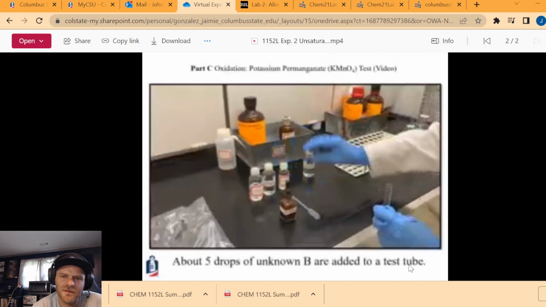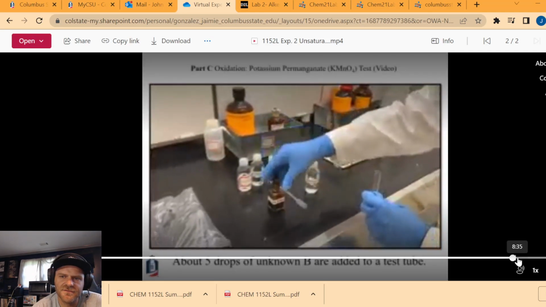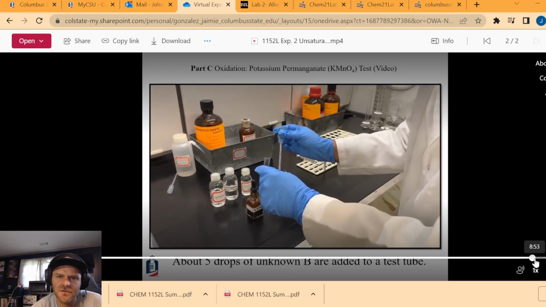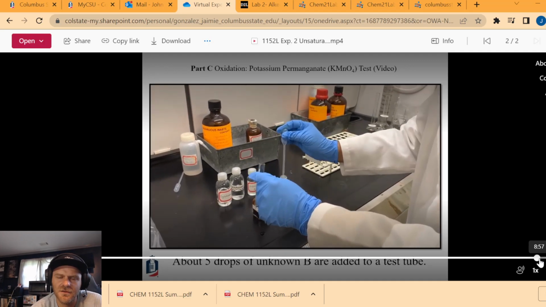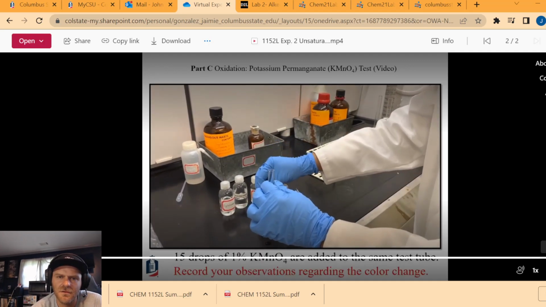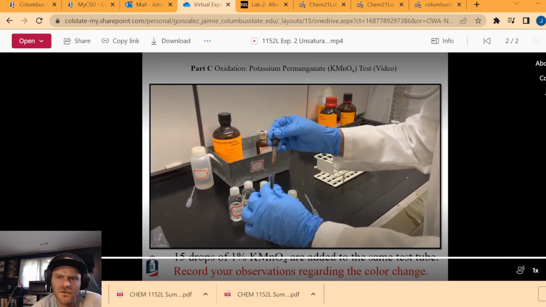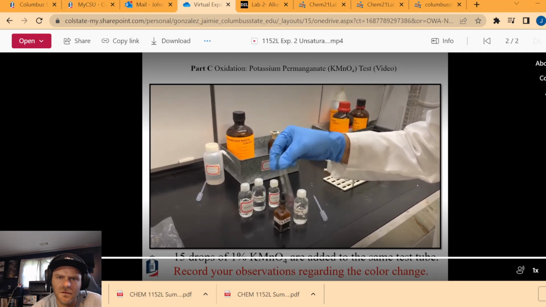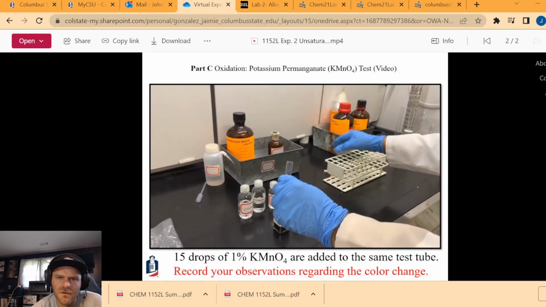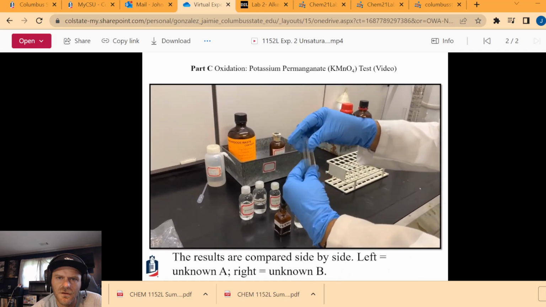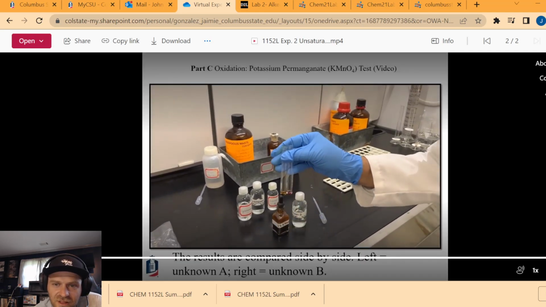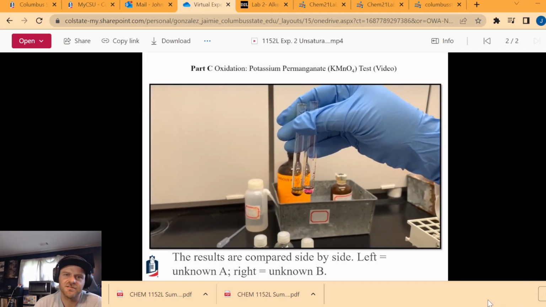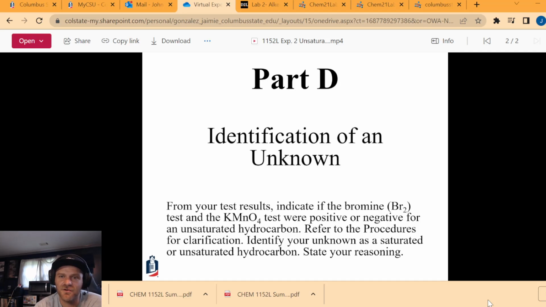I really didn't get a good look at that. Let me see if she comes in a little closer. All right, so the left side is unknown A, and now you can see it pretty clearly. So kind of brownish for unknown A.